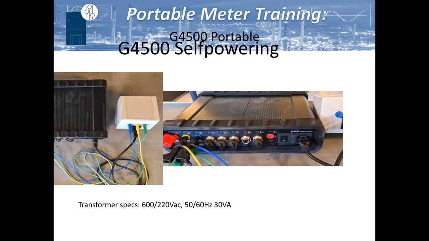Here's another picture of it. This one doesn't have any current probes connected, but you can see the connections for the current probes. This one is also going to be compatible with the line powering 600 volt transformer. That will allow it to do away with the 120 volt plug over there.